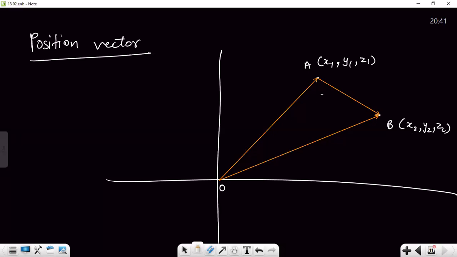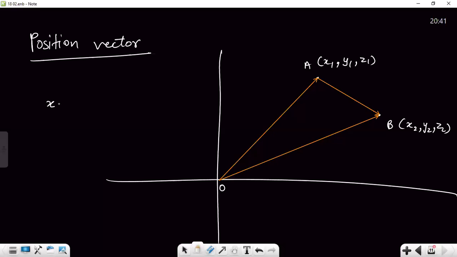We know that for A, we are going from x1 to x2. So in I direction, for the x-axis, we have to move from x1 to x2. So we can write x1 minus x2 or x2 minus x1. That's the same.